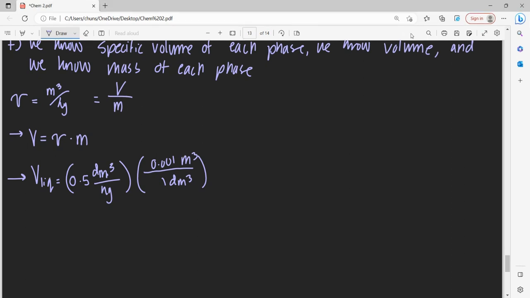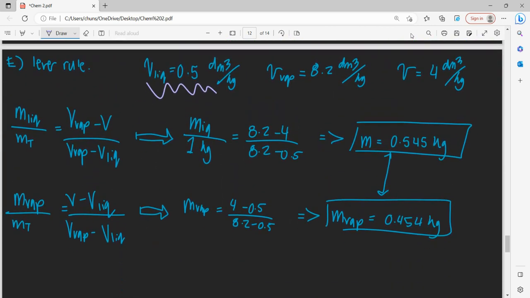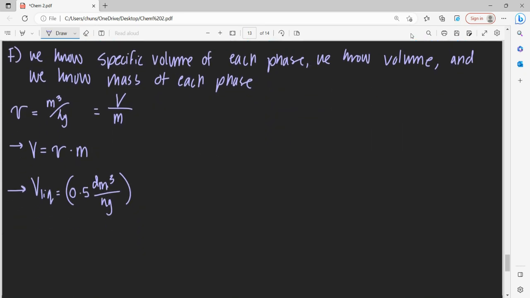For simplicity, let's just keep this in decameters cubed. Then we need our mass of our liquid, 0.545 kilograms. Kilograms are going to cancel out, leaving us with 0.272.